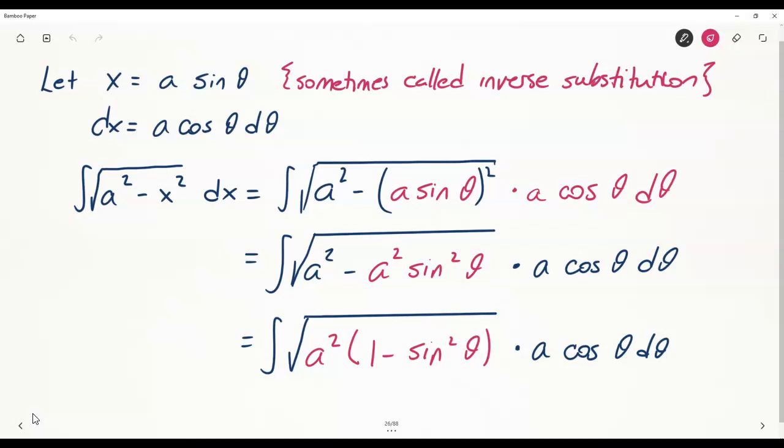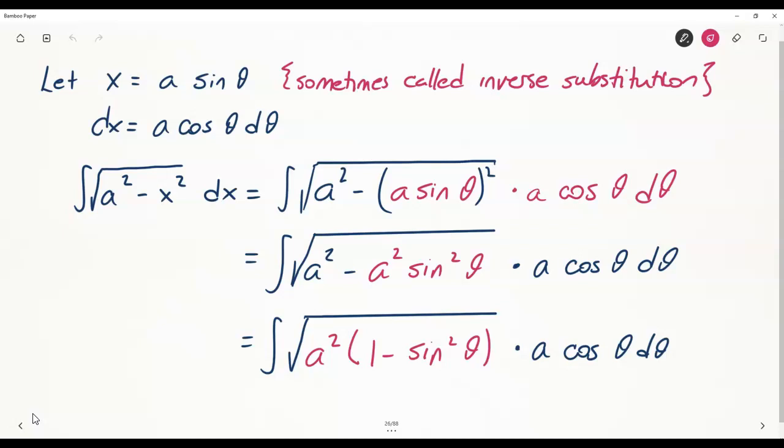That's where this 1 comes from, minus this sine squared, times a cosine of theta. Here's your trigonometry. Do you remember what 1 minus sine squared was? It's cosine squared. So now this becomes, I think if I hit the next slide, it's going to switch to the next screen. So when you've written this and it's okay for me to go to the next slide, let me know.